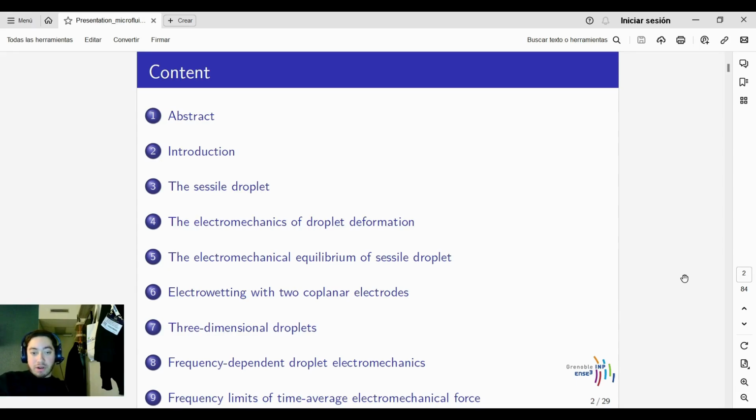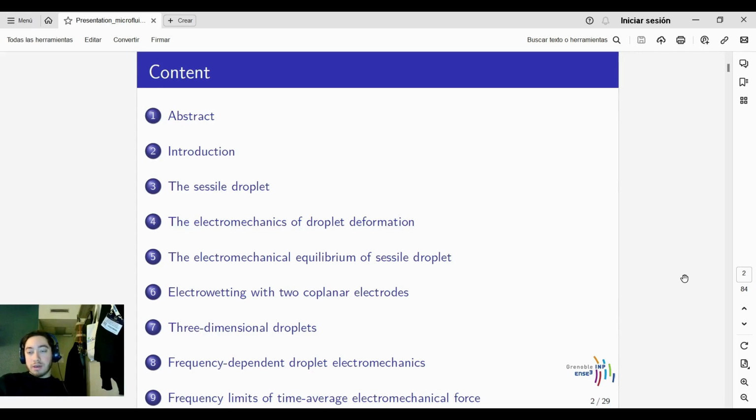The next part of the paper discusses the cases where we consider a three-dimensional droplet, which is actually the situation that we might encounter in reality. Nevertheless, in this part of the paper, the author mentions, and we will discuss this in more detail later, that one of the main aspects of this electromechanical study is the fact that we can study all the general three-dimensional cases as if they were a 2D case.